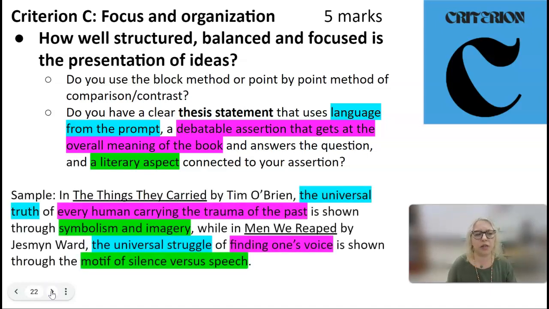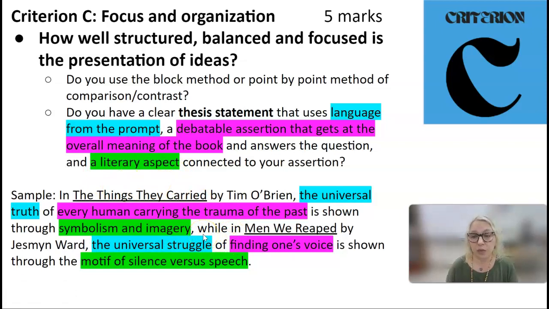Well, here's a sample, and this is from the sample essay that's typed and linked to the summative assessment assignment. And you can see that we have those 3 pieces, don't we? In The Things They Carried by Tim O'Brien, the universal truth, there's language from the prompt, of every human carrying the trauma of the past. There's the meaning. It's shown through symbolism and imagery. There's the literary aspect.